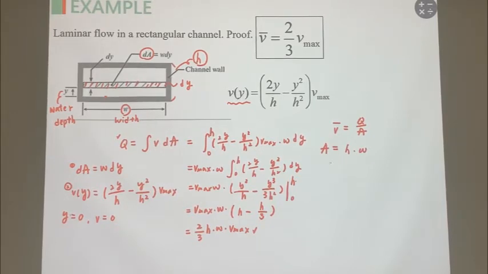Now we have A and we have Q, so we can compute the mean flow velocity: 3 over 2 h, width and V maxima, divided by the total cross-section area. So you can cancel out the h and W, right? Finally we only have 3 over 2 V maxima, and we prove the formula shown here.